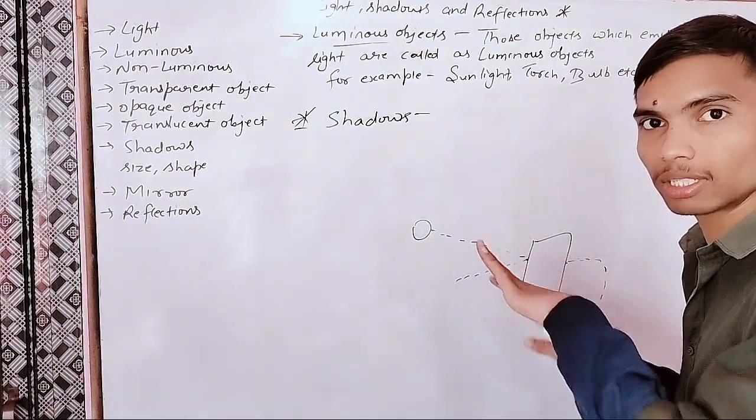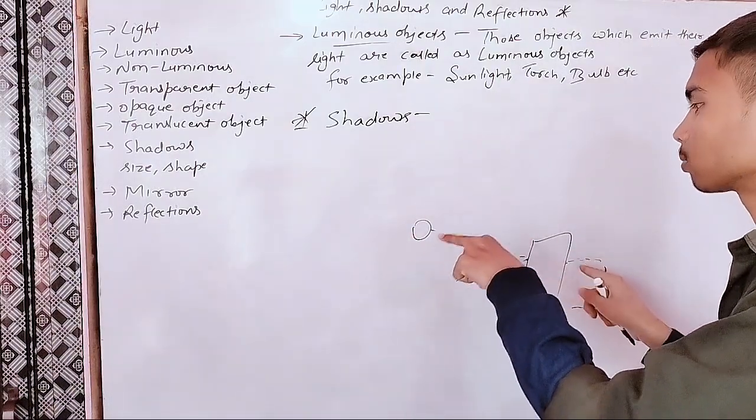So it's all about the difference, the distance, between the opaque object and the source light.